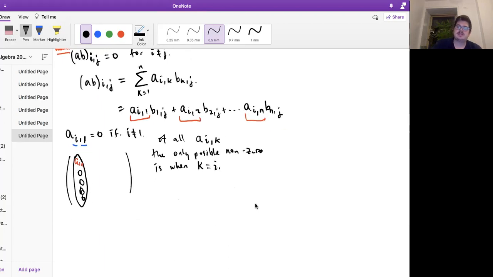Okay, so let's rewrite the sum (AB)ij. If the only non-zero possible term is when k is equal to i, can I rewrite this sum? So for example, if 1 is not equal to i, then this term goes away, right? If 2 is not equal to i, then this term goes away, it's 0. So what's the only term that survives in this whole sum?